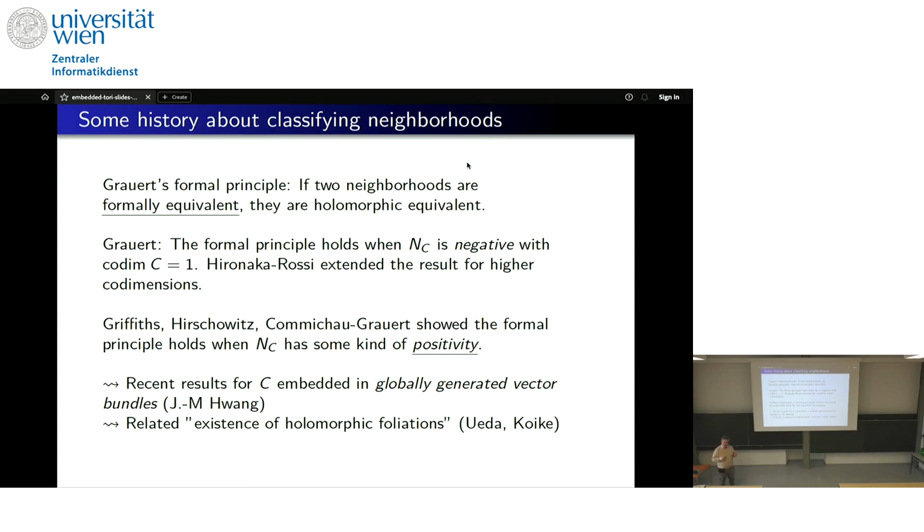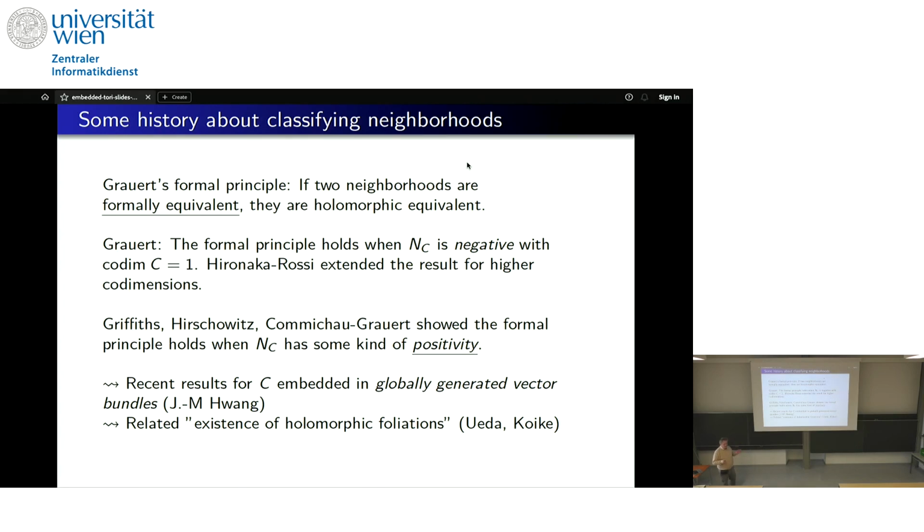It is a bit less precise, but it says that if the jets of the two embeddings are the same up to some finite k, then the neighborhoods are effectively holomorphically equivalent.